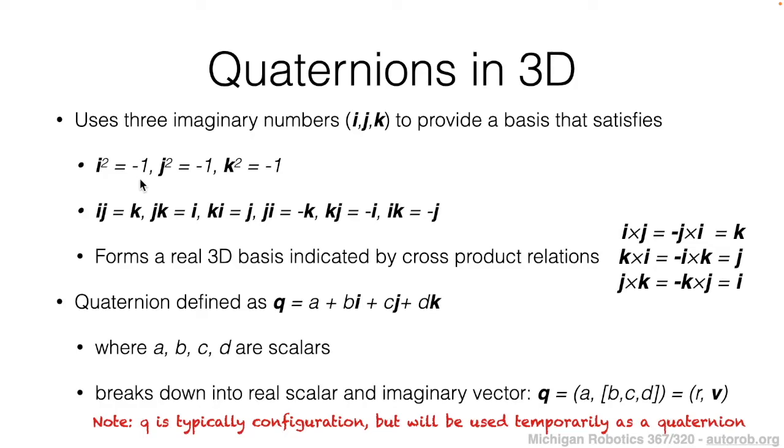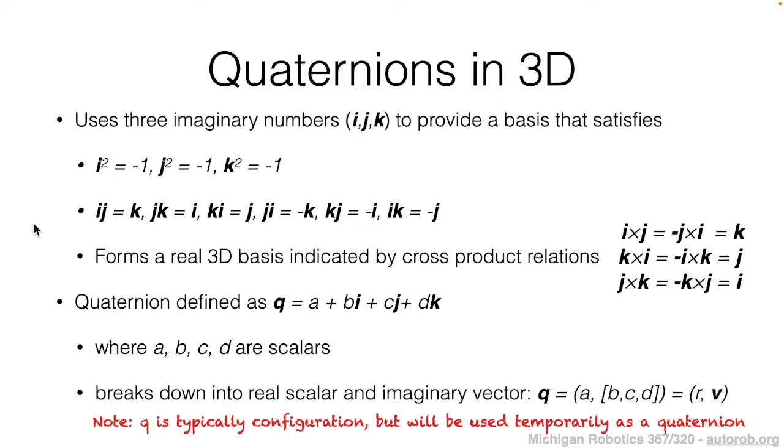So i squared is equal to -1, j squared is equal to -1, and k squared is equal to -1. But it's important to note that i does not equal j, j does not equal k, and so forth. These are different terms, but they are all equal to the square root of -1. In addition, they satisfy the remaining properties shown in the following 2 bullets.